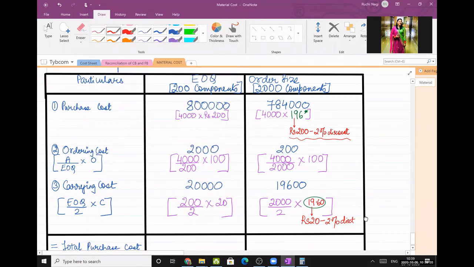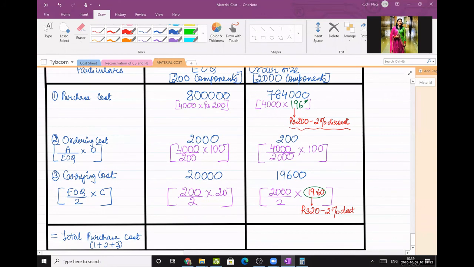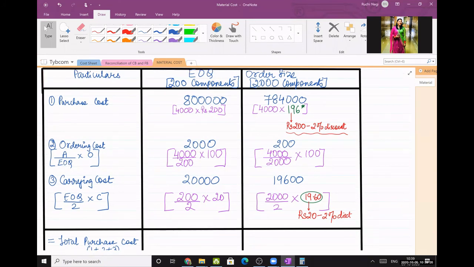Okay. So total purchase cost is what? Purchase 1 plus 2 plus 3. Okay. 8 lakhs plus 20,000 plus 20,000. So 8 lakh 40,000.